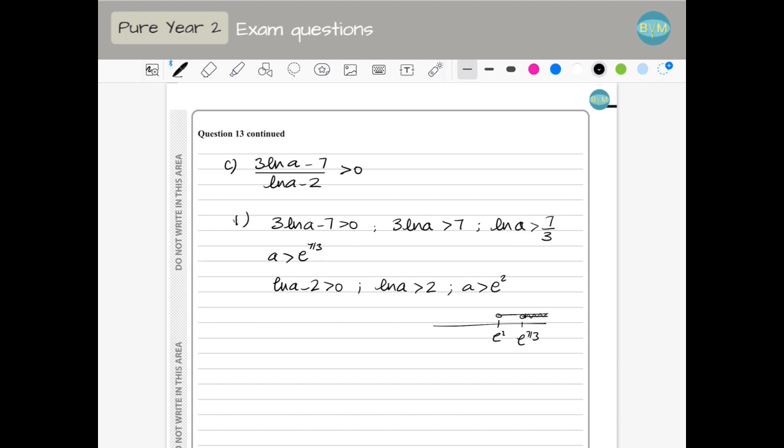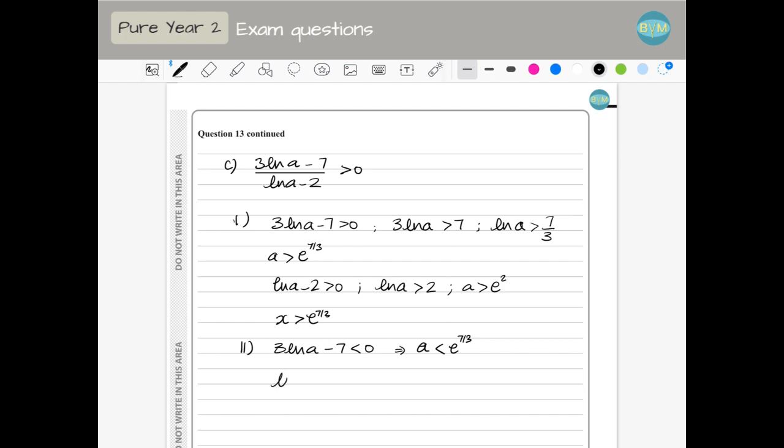So a must be greater than e to the power of 7/3. Yeah, and the other option is that both of them are negative, because negative divided by negative will be positive. So 3 ln a minus 7 smaller than 0, I'm just going to skip all the steps, because it's going to be the same inequality but with the other sign.